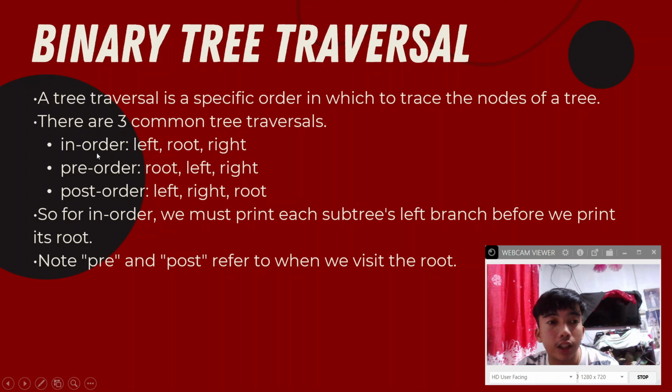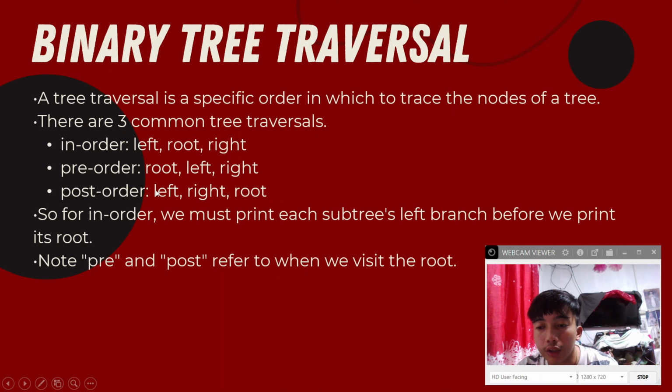In in-order, nodes are visited in the order of the left subtree, the root, and the right subtree. In pre-order, nodes are visited in the order of root, left subtree, and right subtree.